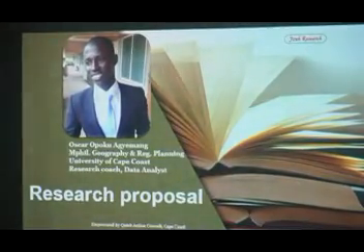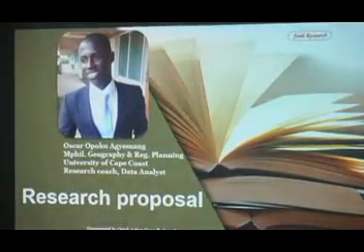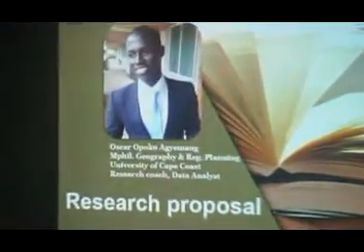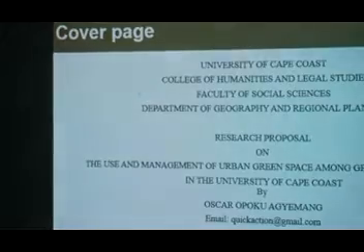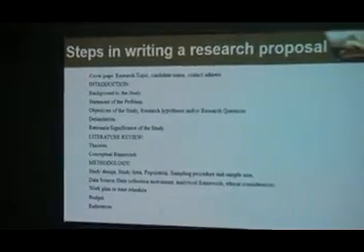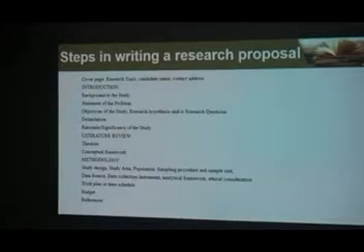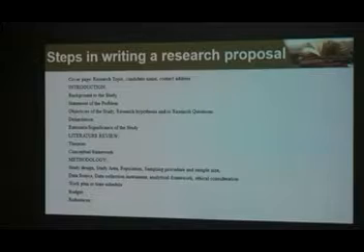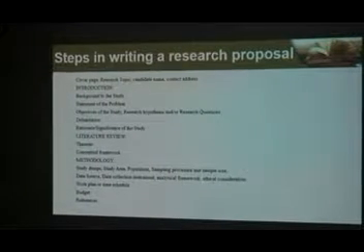Then we look at the literature review. Here we focus much attention on the theories and the conceptual framework. Then we delve into methodology: the study area, the study design, population, sampling procedure and sample size, data source, and what have you. Then lastly, we will look at the budget and the references of a proposal.